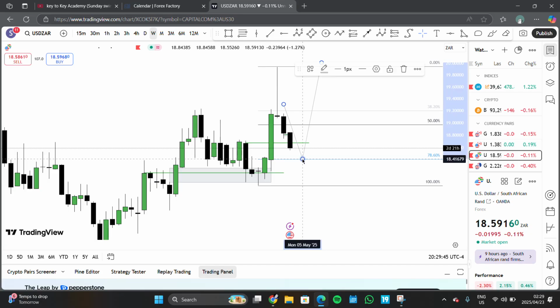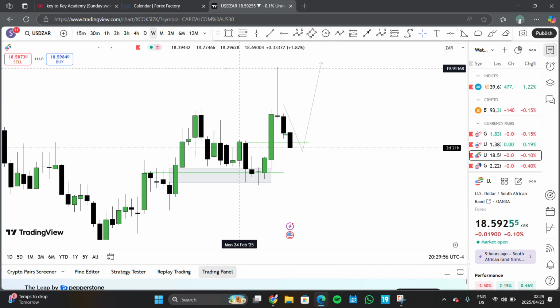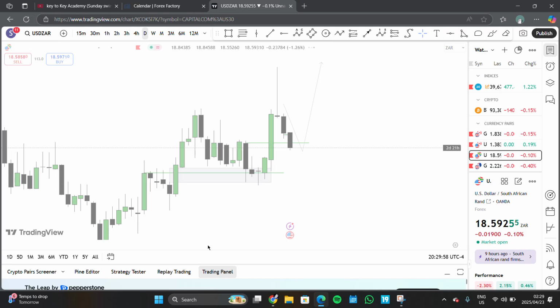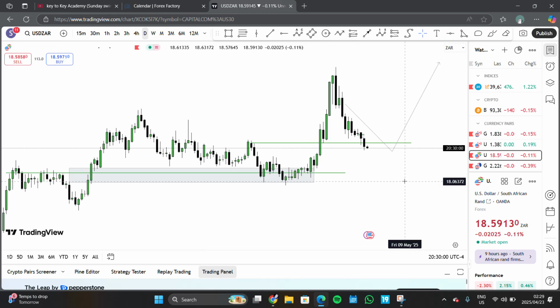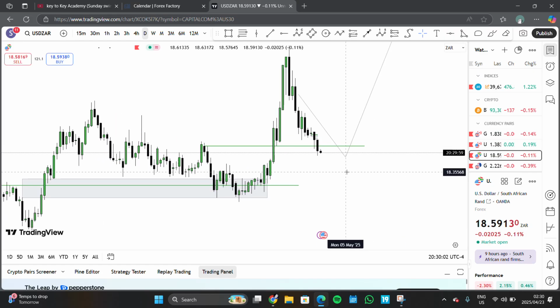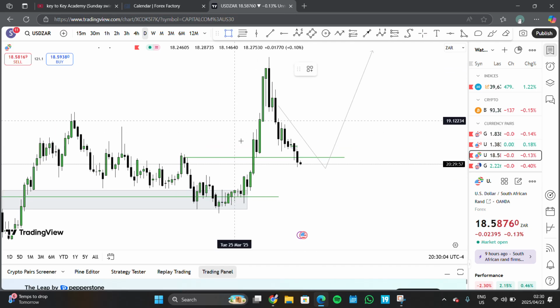Even now, price can break structure to the upside because this is around the 60, 62, or 60% Fibonacci level, which is a great level for buys. So that's what I'm waiting for. And also, what do I see on the daily?